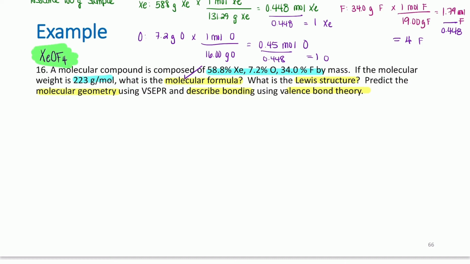Next, I want to figure out the Lewis structure. Xenon has 8 valence electrons, oxygen has 6, and I have 4 fluorines at 7 valence electrons each. So what is that? 28, 30, 34, 42? 42 sounds right. Let's draw this out.